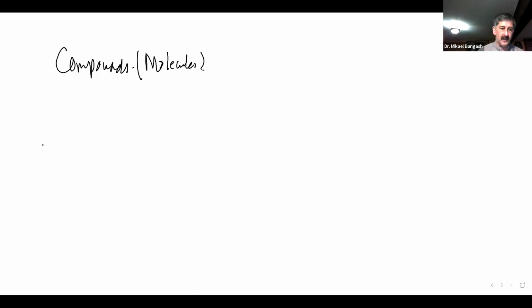But here, intentionally, we will just use the word compound, or molecules, which means that when two, or let's say more than two, elements join. What does more than two mean? Well, it could be 20. It could be 120. It could be 1200.